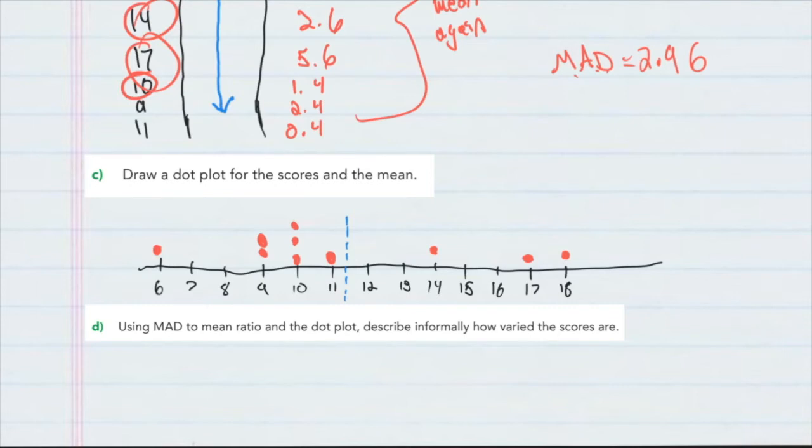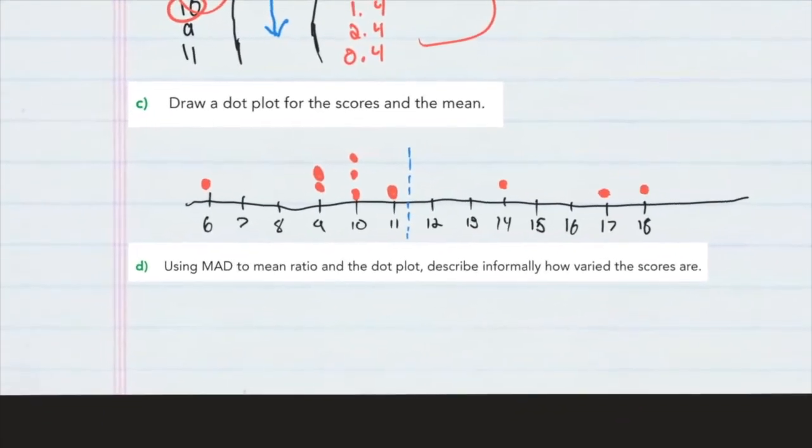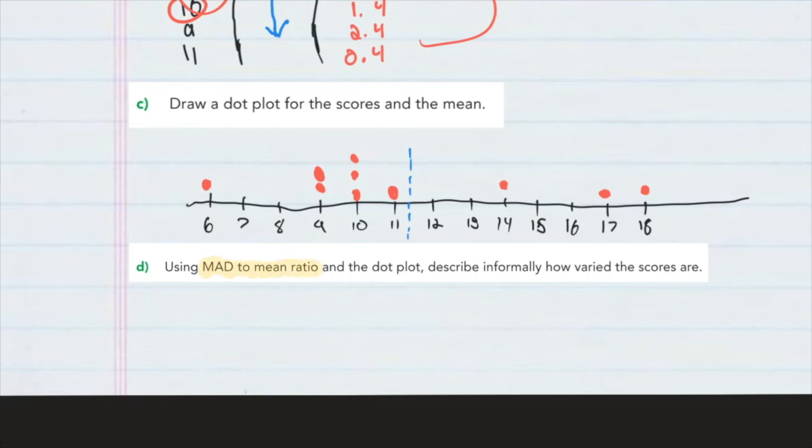And there's another statistic that we can use to show that the absolute deviation is pretty small, and that's called the MAD to mean ratio. I'm just going to highlight that here. It's kind of fun to say, MAD to mean ratio.